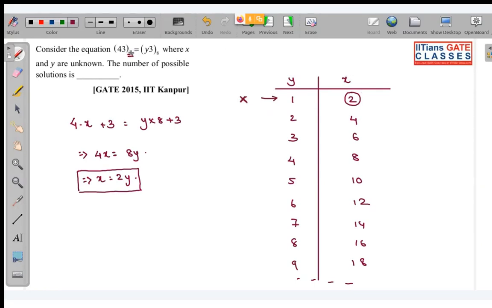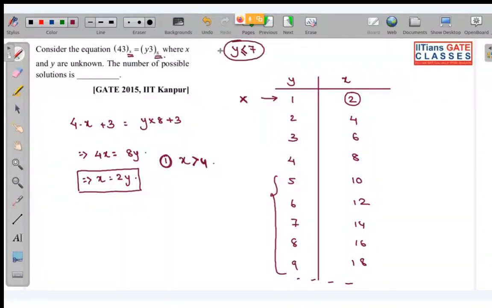Or you can directly say that whenever x is greater than 4, these are your valid cases. But look over here, what you need to have is that y should be less than or equal to 7.